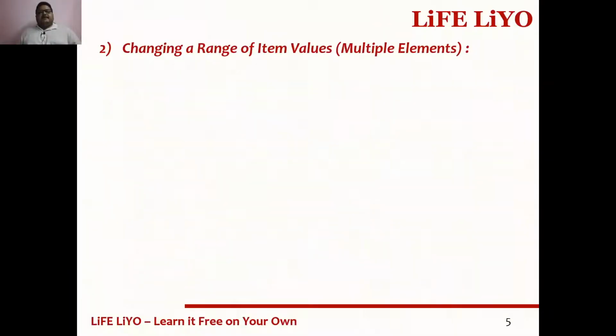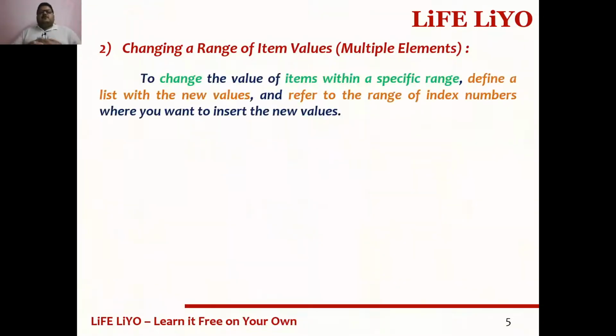Now changing a range of item values, that is, if you want to change a set of consecutive values from a list, how can we do it? Simple. To change the values of items within a specific range, you have to define a new list with the values, and refer to from which point to which point you want to insert the new values.